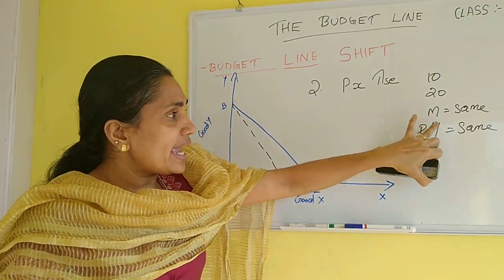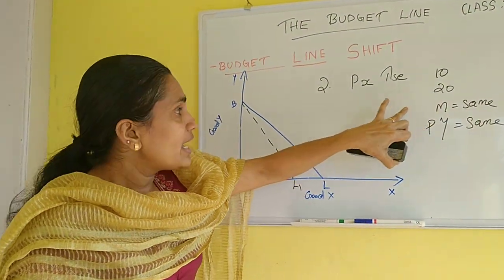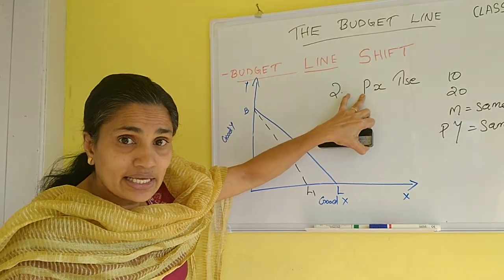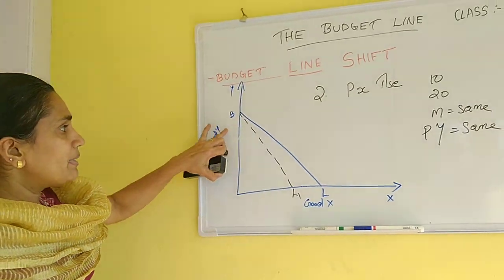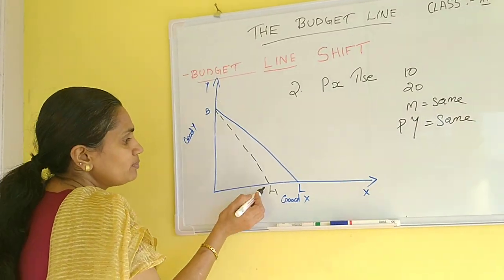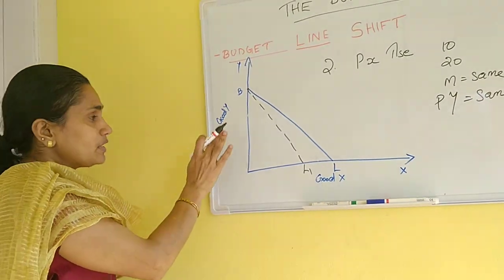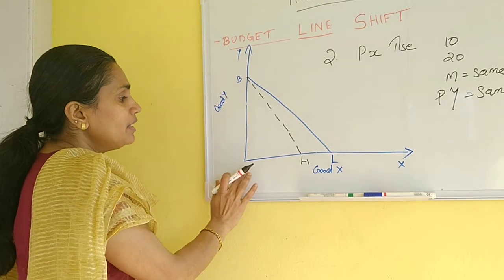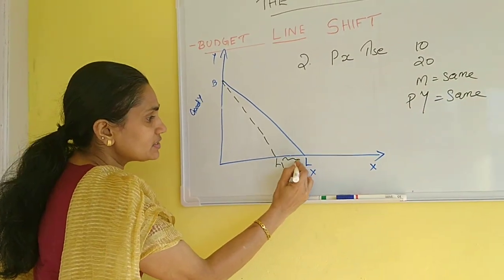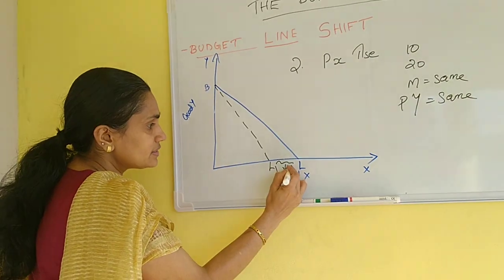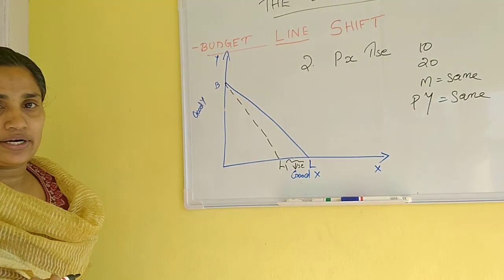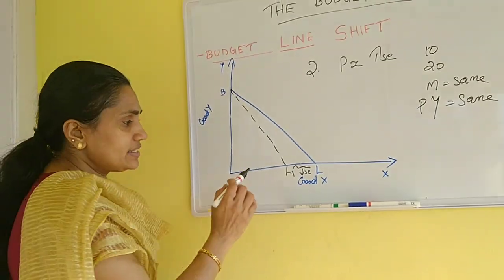In that case, this is the shape of the budget line. This B part is the same because the consumption of good Y is the same but good X decreased. L2, L1, change in the consumption.